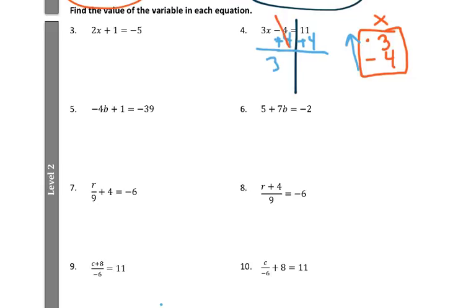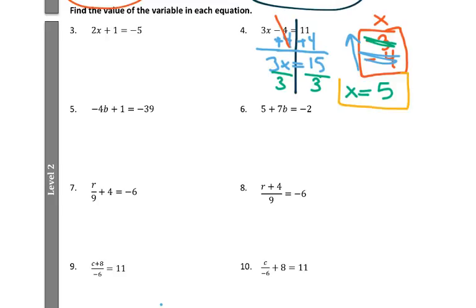That's going to leave me with 3x equals 11 plus 4, which is 15. That took care of this step right here. Now the opposite of multiplying by 3 is to divide by 3. So x equals 5, because 15 divided by 3 is 5. That took care of that step right there.